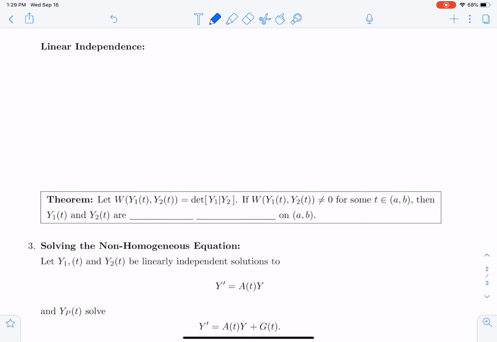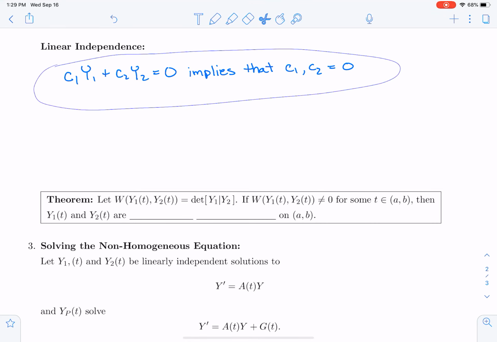We want to show that c1 times the vector y1 plus c2 times the vector y2 equals 0 implies that both c1 and c2 are equal to 0.